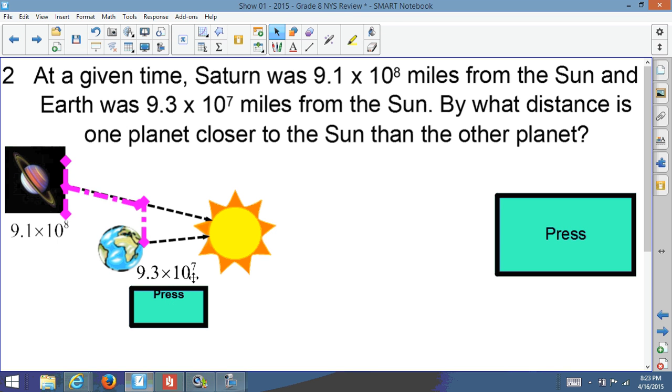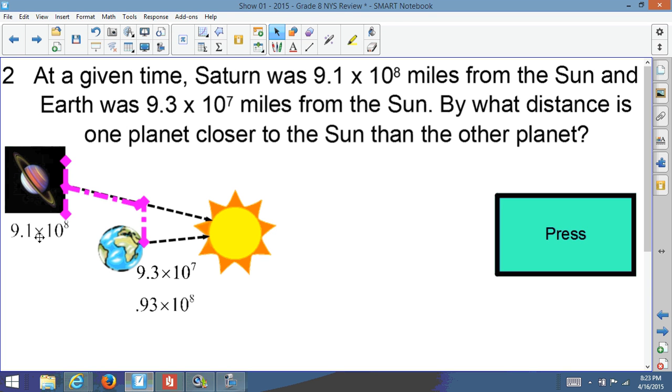So if you remember, I'm going to add 1 to the exponent, which makes that 8, and I'm going to divide by 10, which is a way of moving the decimal point to the left one space, and make that 0.93. So that'll be 0.93 times 10 to the 8th, which is equivalent to 9.3 times 10 to the 7.